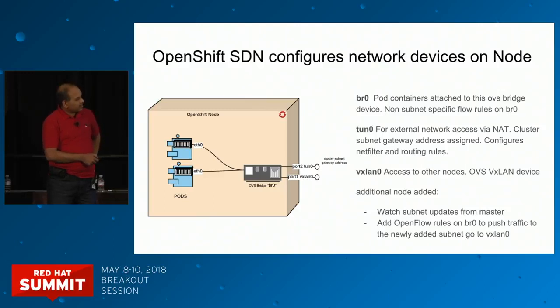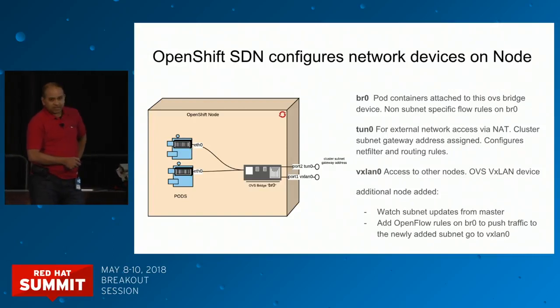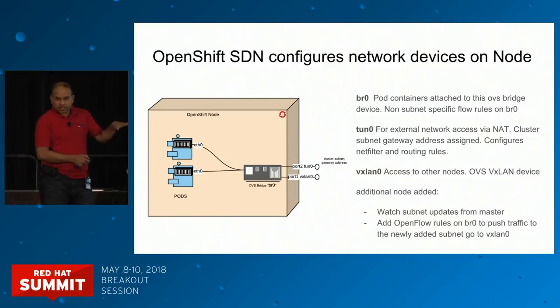On the other hand, there are 2 other ports that get opened. One is a VXLAN 0 network, so any traffic within an OpenShift cluster, if pod A is talking to another pod, and if that other pod is on a different node on the cluster, that traffic flows through this VXLAN 0. If you're talking to anything outside OpenShift, that traffic flows to TUN 0.